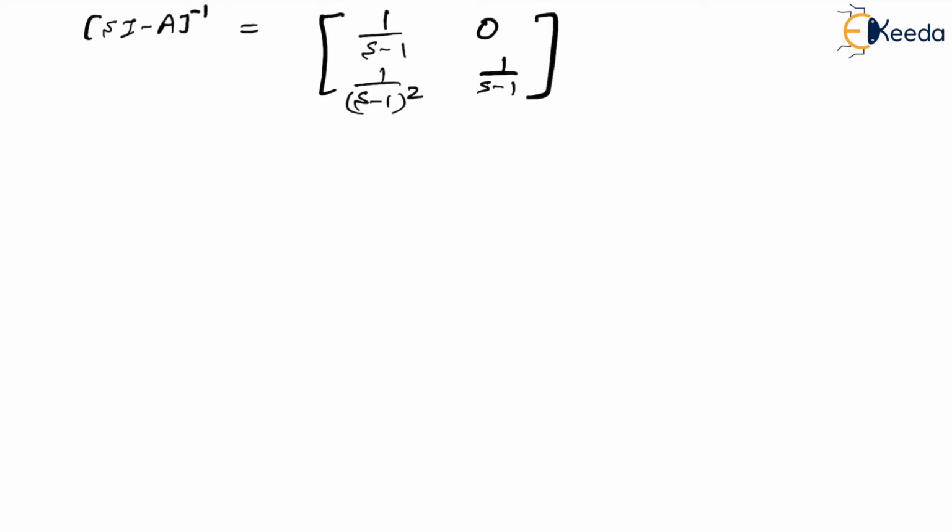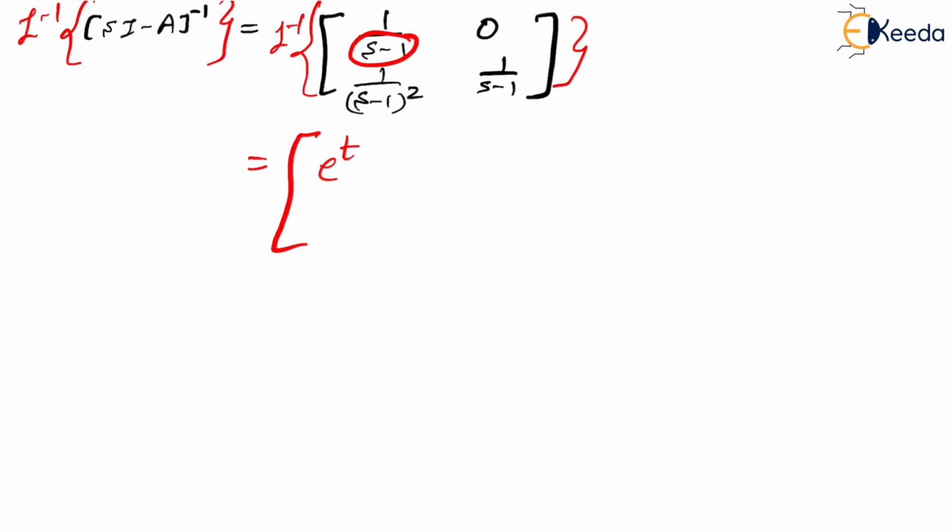So to get that Laplace inverse, how do I get that? It is going to be 1 upon S minus 1. What is Laplace inverse of 1 upon S minus 1? e to the power t. If you don't know, please refer to the control systems transfer function topic that I have taught you. There you can see that, right?